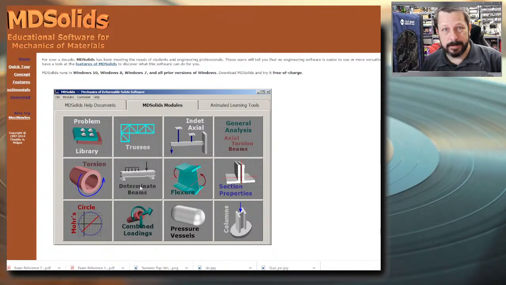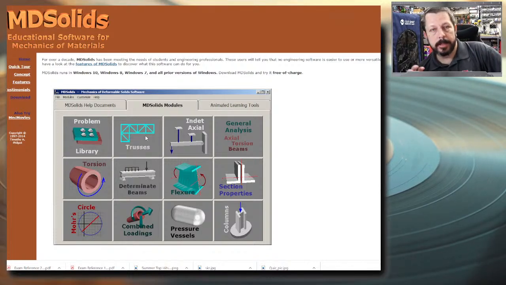It can do moment of inertia calculations, Mohr's circle, which will mean something if you go to the next statics class, pressure vessels that we're doing soon. All of this stuff. There's column buckling, and it will calculate the member force for statically determinate trusses, and you just draw the truss on the screen.